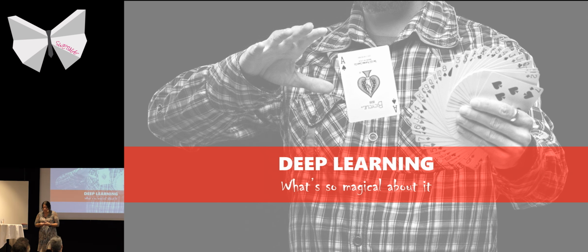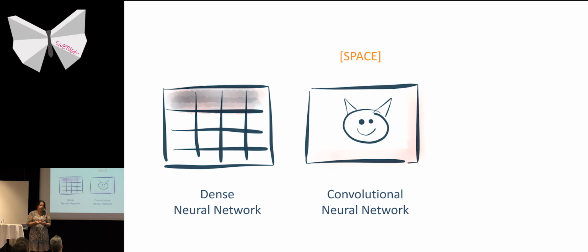But what is so magic about deep learning? When you look at classic machine learning, you can only do machine learning on what we call structured data. So data that fits sort of in a spreadsheet, like the house prices, for example. We can do that with deep learning too, but with deep learning, we can also deal with space.